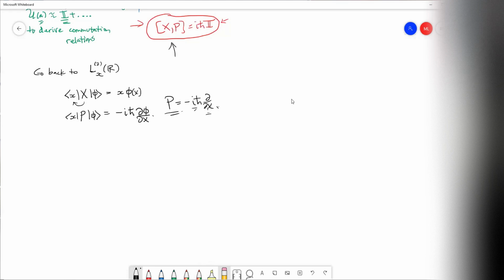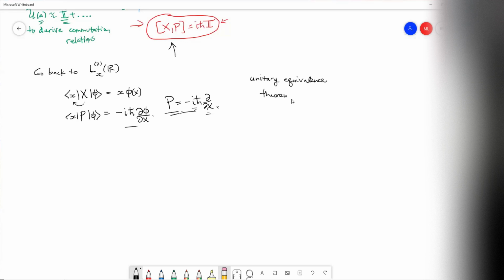And there's a theorem that shows that this definition of what the momentum operator does is unique up to unitary transformations, up to this kind of transformation of the p operator. That's a theorem called the unitary equivalence theorem of von Neumann.